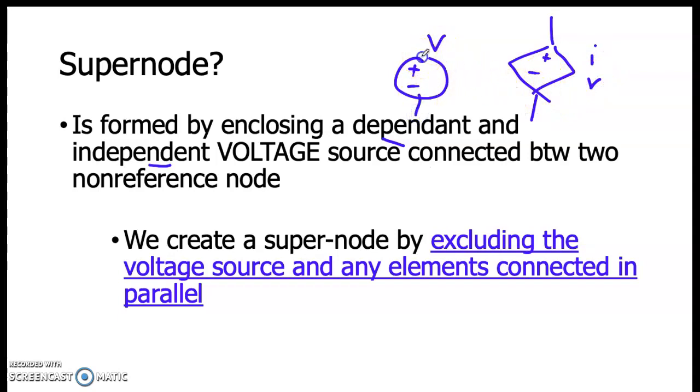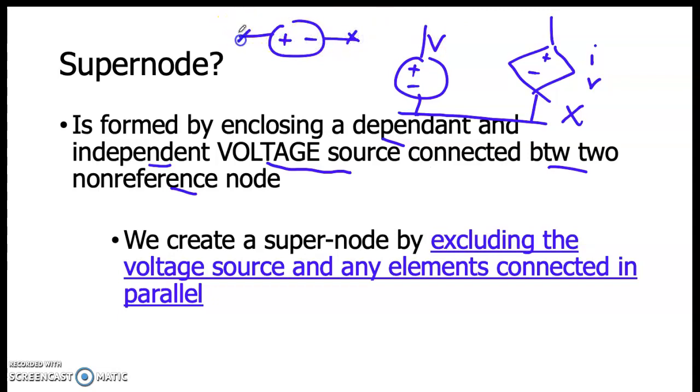Both need to be a voltage source connected between 2 non-reference nodes, meaning it will not connect to the ground. So once it's connected to the ground like this, it is not a supernode. So usually it comes out in the horizontal way, where these are the 2 non-reference nodes. So we call this one supernode.